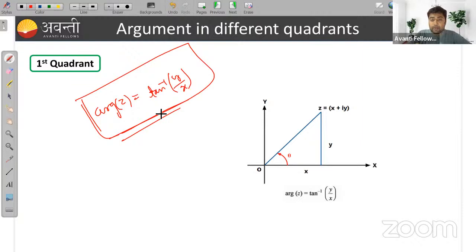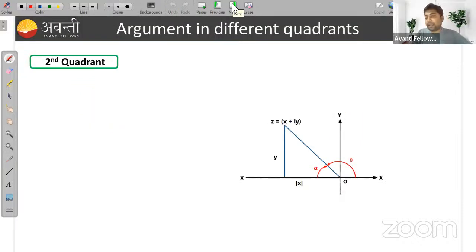Anyone can say? Okay, so let's see. Simple thing you can observe here: how can we find the argument of a complex number when it is lying in the second quadrant?